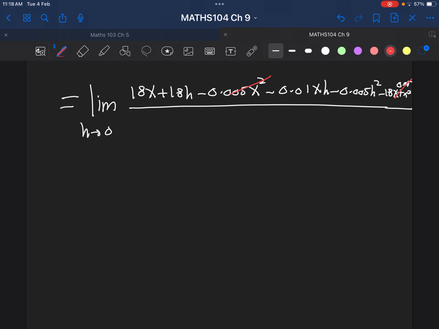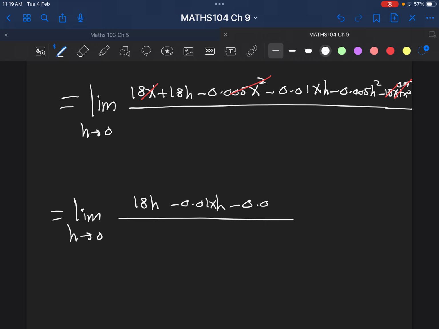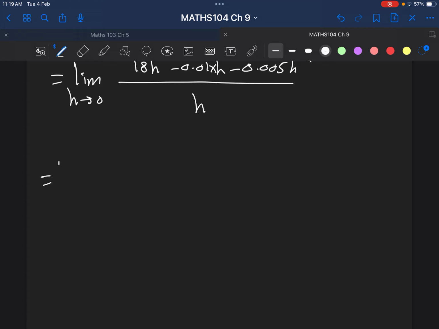Now the cancellations are clear: x squared, 18x and 18x. So whatever will survive is 18h, minus 0.01hx, and minus 0.005h squared, divided by h.